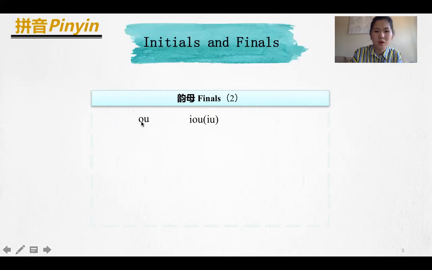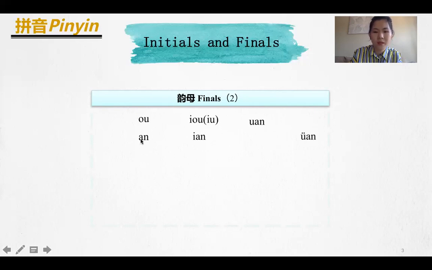Okay, and then the finals we've learned. This one, o, o, o. So it's o and u. And this one, you, right? But when we write it in pinyin with initials, we take the o out, and then we write it with i and u, so it's you, you.